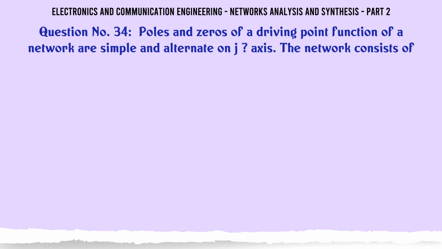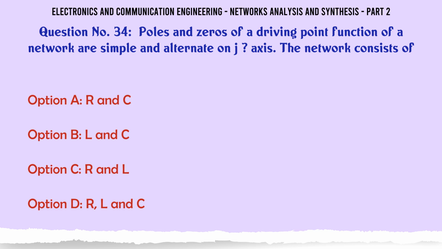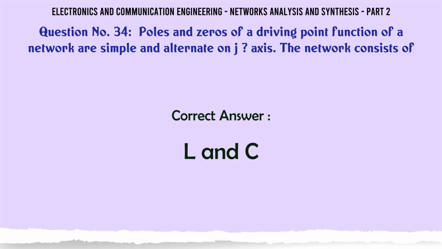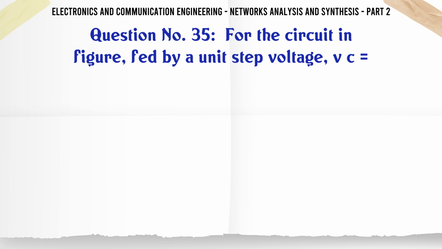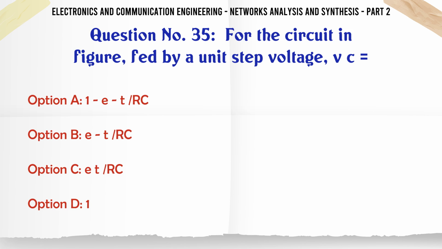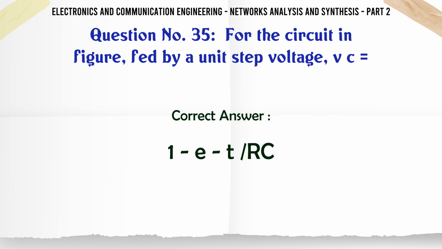Poles and zeros of a driving point function of a network are simple and alternate on the j-axis. The network consists of A R and C, B L and C, C R and L, D R, L and C. The correct answer is L and C. For the circuit in figure fed by a unit step voltage, VC is A 1 minus e to the power minus t/RC, B e to the power minus t/RC, C e to the power t/RC, D 1. The correct answer is 1 minus e to the power minus t/RC.